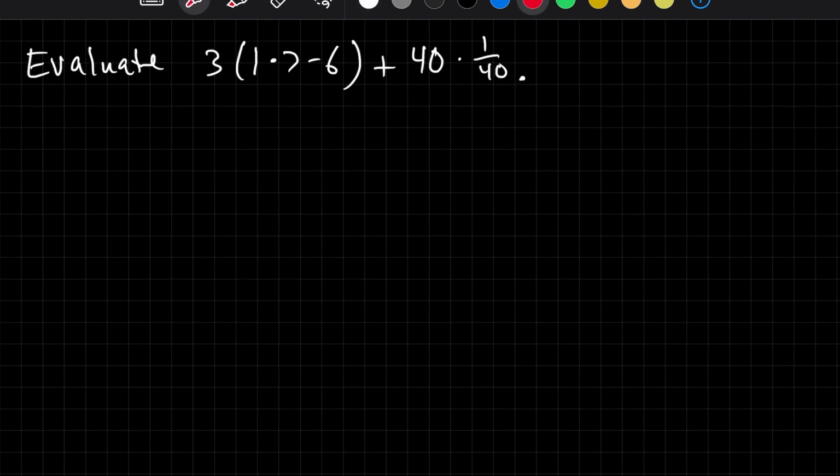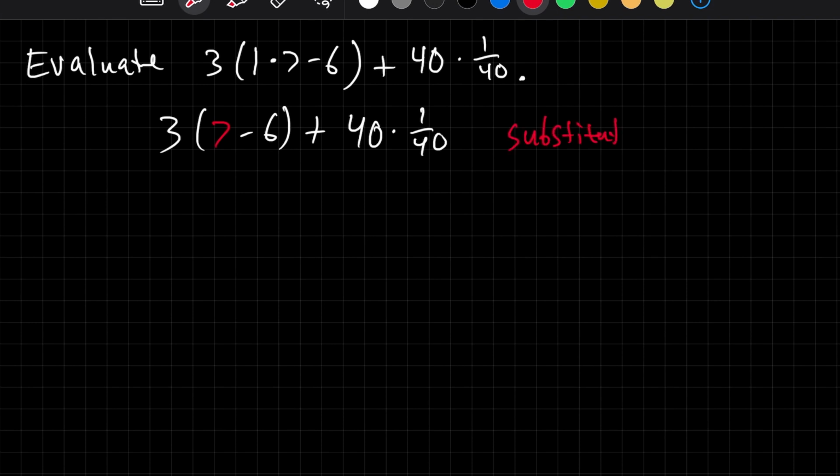Let's say 3 times 7 minus 6 plus 40 times 1 over 40. What rule happened here in the red? There are actually two rules that happen. One was substitution, and the other one was multiplicative.